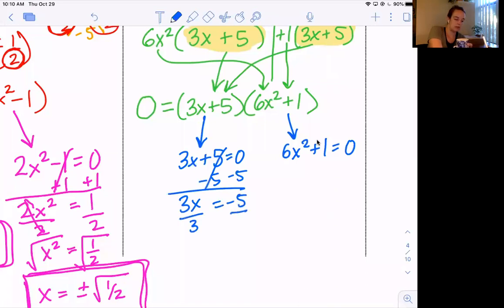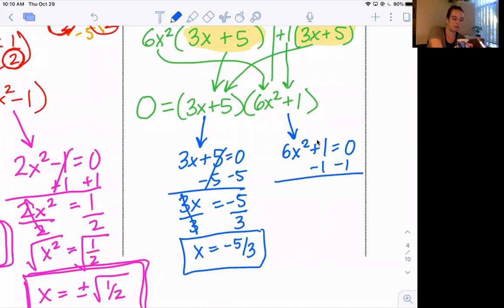Divide by 3 on both sides. X equals negative 5 thirds. So that is one of our answers. For the other one, I'm going to subtract 1. I get 6x squared equals negative 1. Dividing by 6, you get x squared equals negative 1/6.